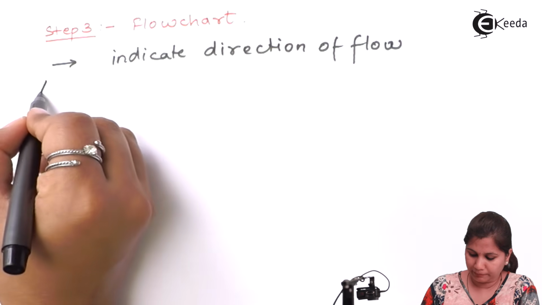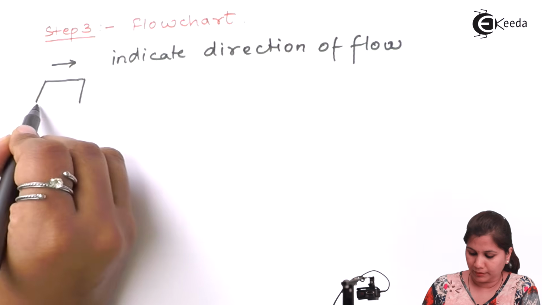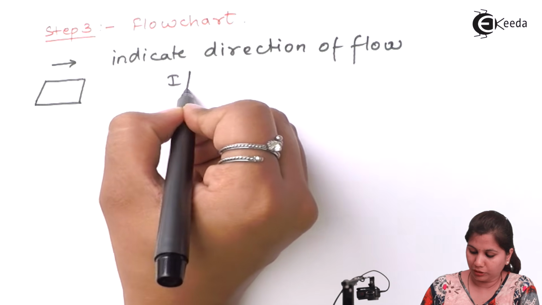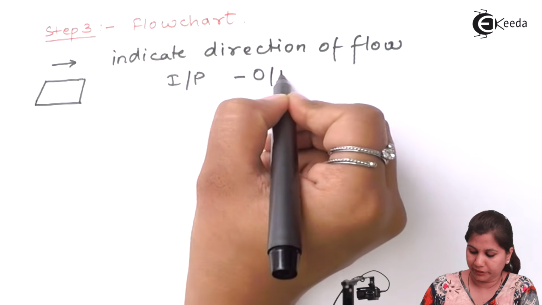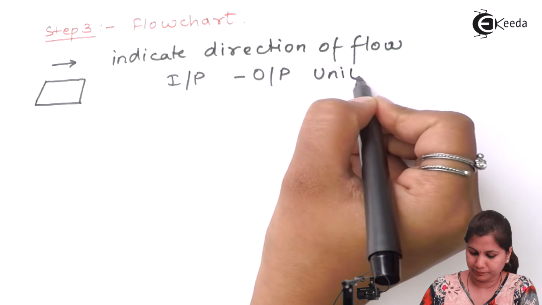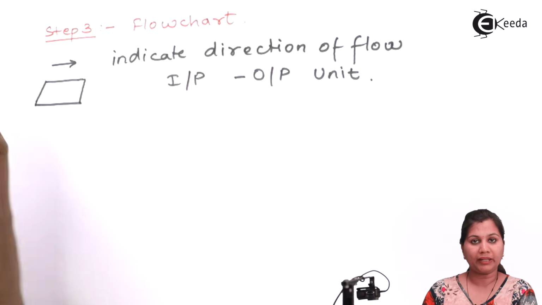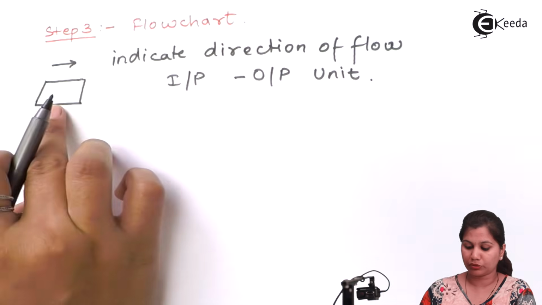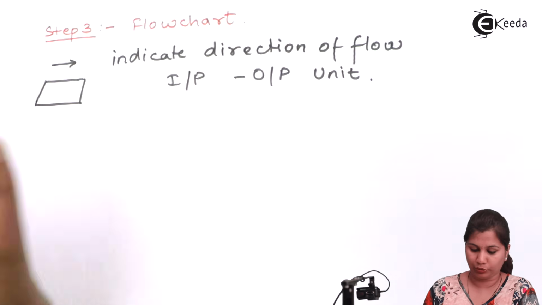Then we are having the parallelogram. Parallelogram is used to indicate the input or the output unit, that from where you are getting input and where you are displaying the output. So that will be indicated in a parallelogram.